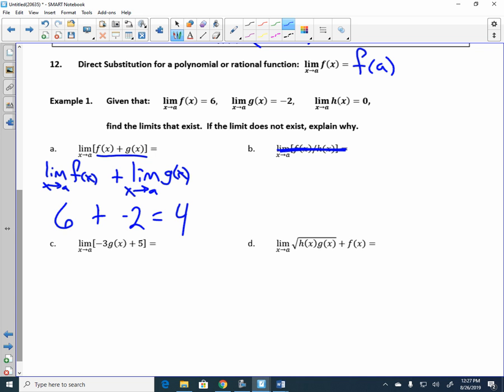I'm going to rewrite this one as the limit as x goes to a of h of x divided by f of x. Anybody want to guess what that would be? Yep, 0 divided by 6 gives me 0.